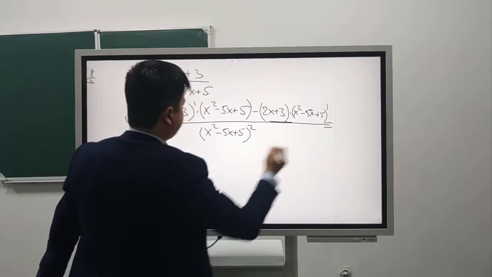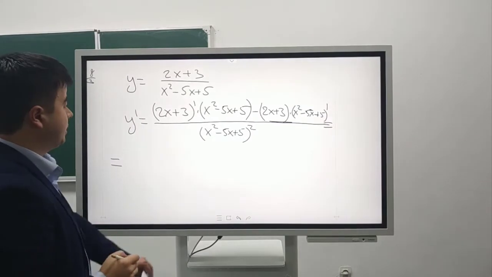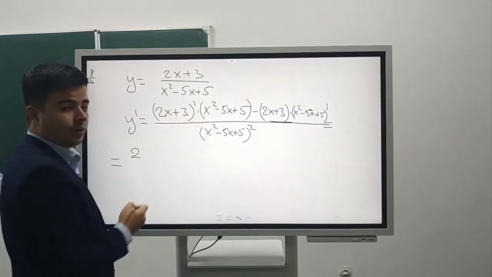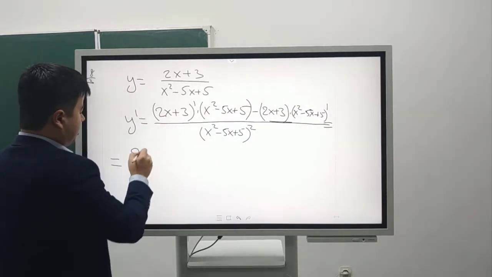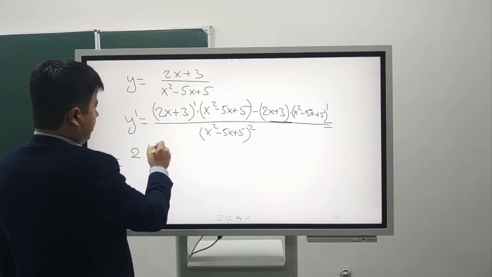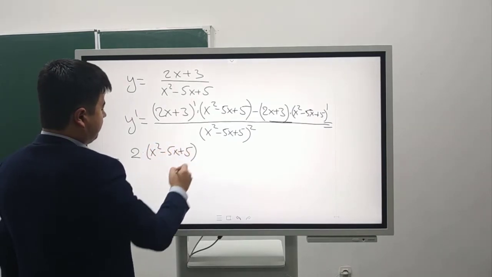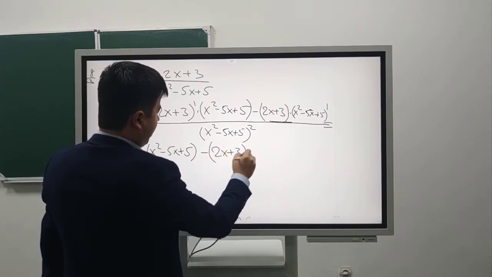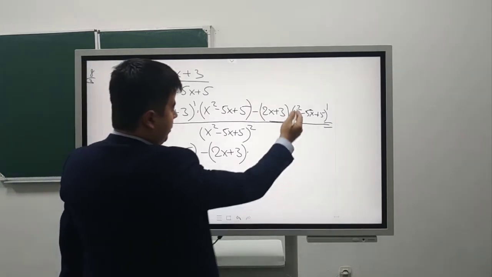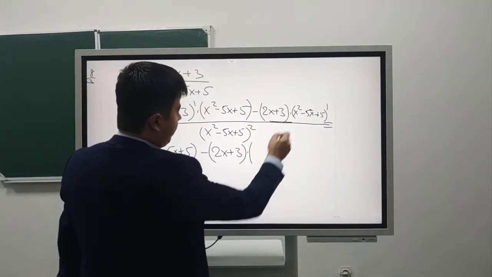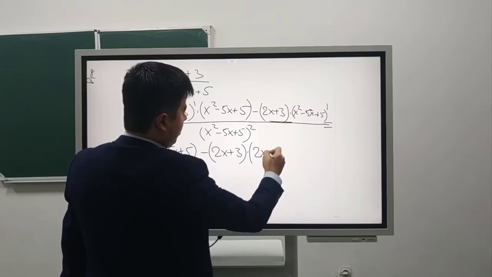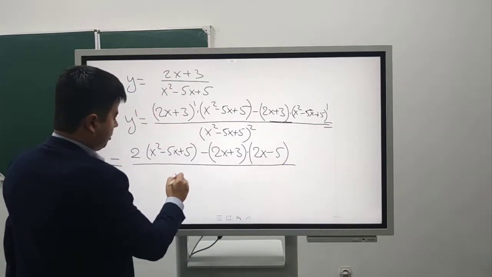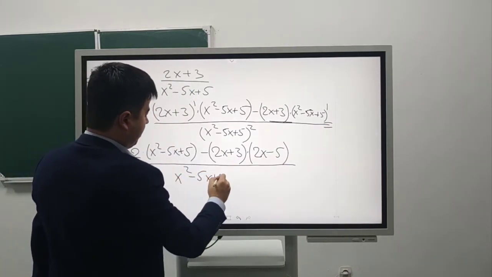Okay, let's continue. We have just 2, because the derivative of the first one is 2, times x squared minus 5x plus 5, and then minus 2x plus 3 times the derivative of this function, which is 2x, the next one is minus 5, over x squared minus 5x plus 5 squared.